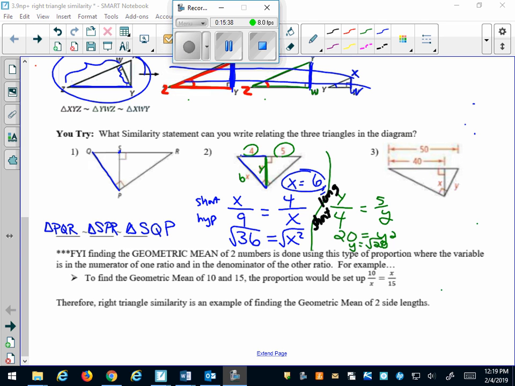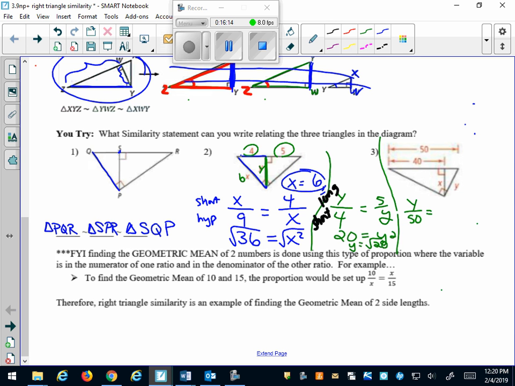So let's look and see if we can do this one a little bit faster, okay? Let's do the y first. I'm going to do y to 50 in my biggest triangle. That's short leg to hypotenuse. You see that?